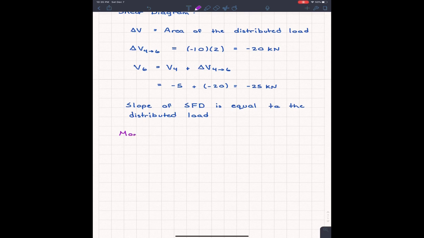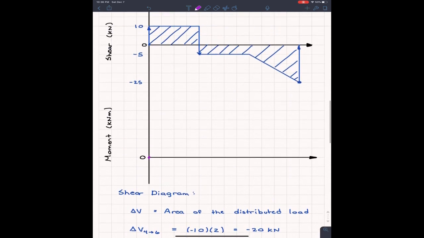So for the moment diagram, we know that the change in moment, so this is the change in moment between 2 points, is equal to the area of the shear force diagram. Well, what exactly does that mean?